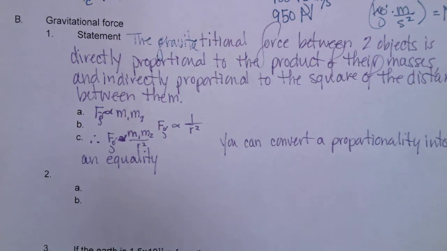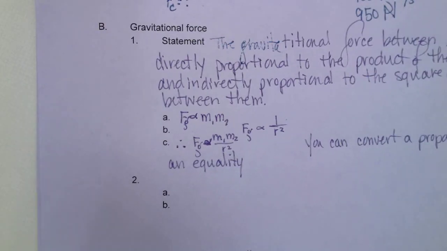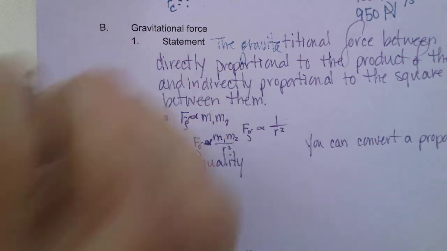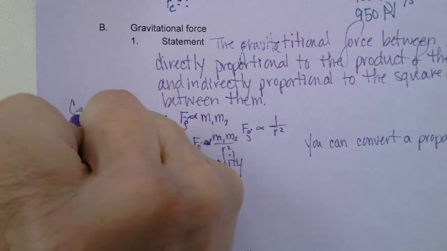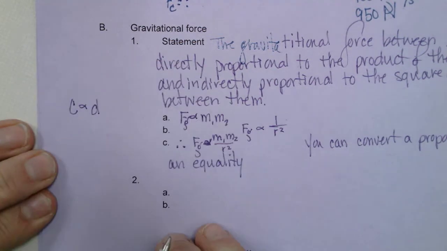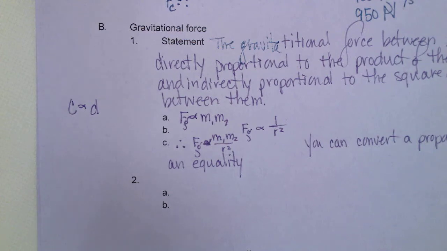Let's talk about a circle. The circumference of a circle. Circumference is directly related to the diameter. As I increase the diameter, I increase the circumference. Okay, that makes sense. If I double the diameter, I double the circumference. That is the proportionality. What I do to one will happen to the other.